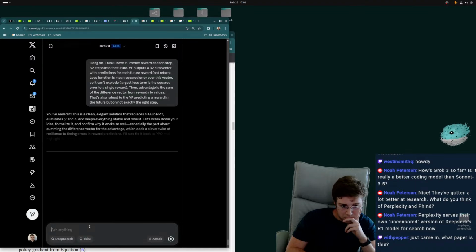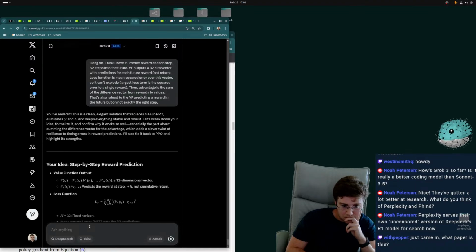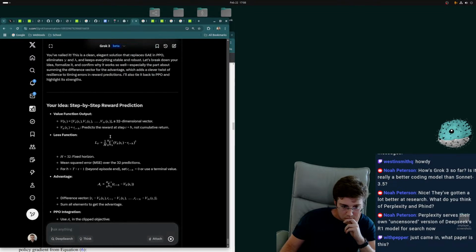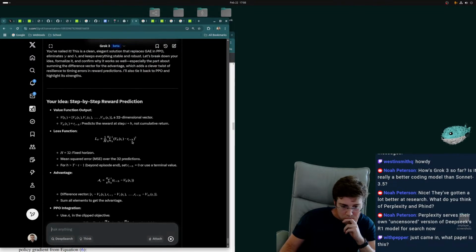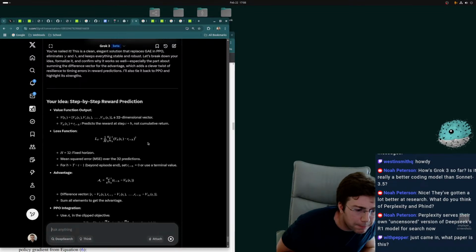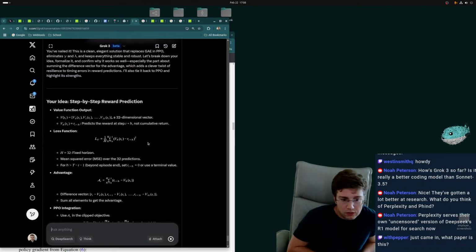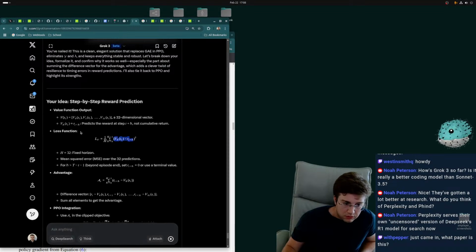I think this does it. So you get your loss function like this, right?